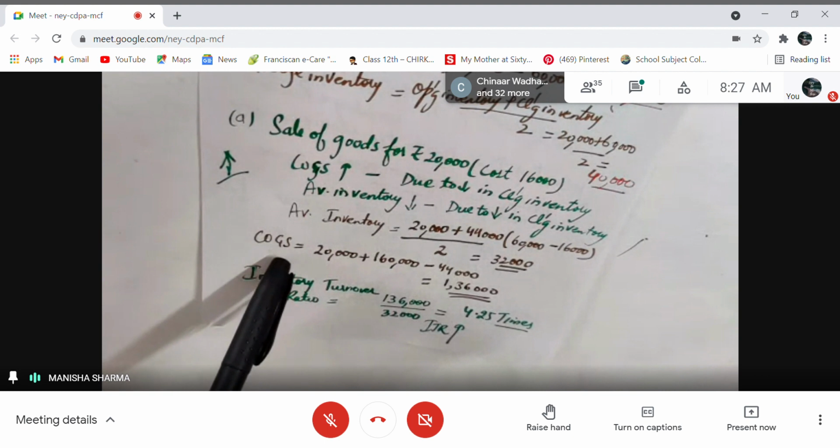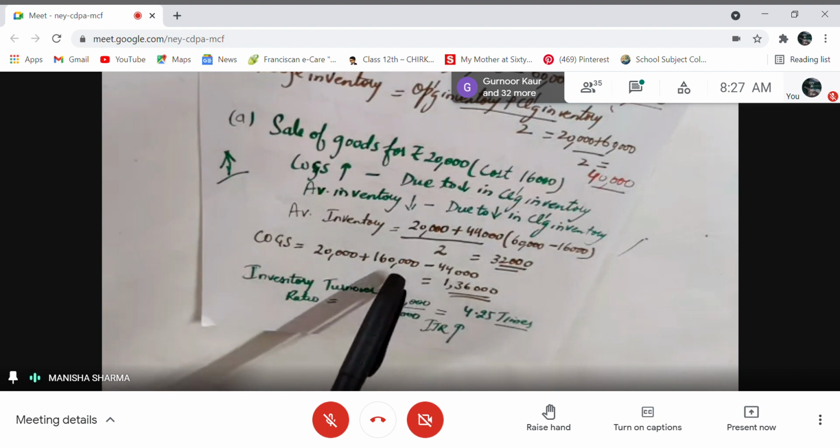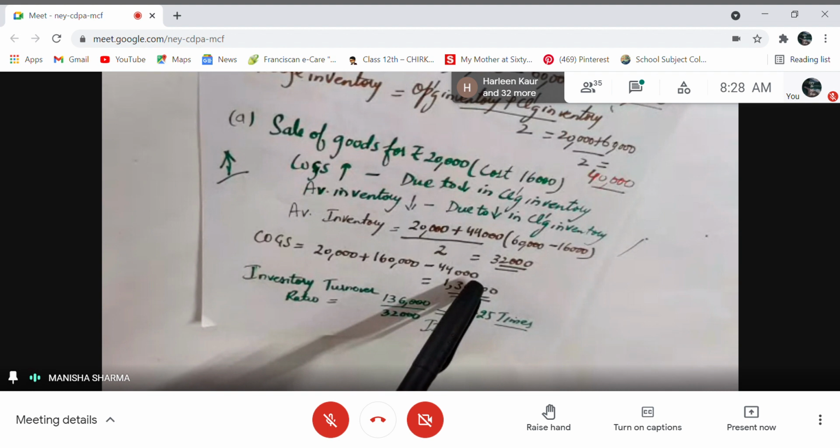Now I will find COGS. Opening inventory is directly given in the question, 20,000. Purchases are given 1,60,000. But as I told you, closing inventory has reduced from 60,000 to 44,000 due to sale of goods worth 16,000. So I will subtract 44,000.